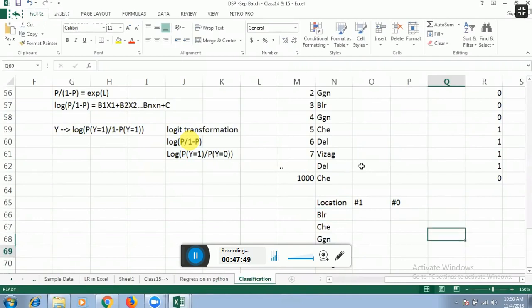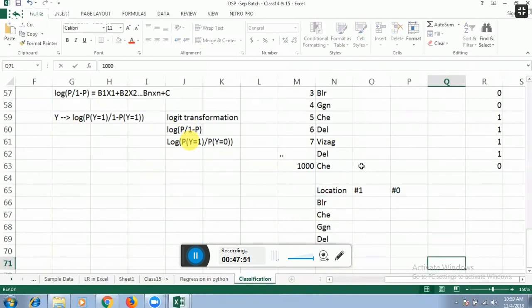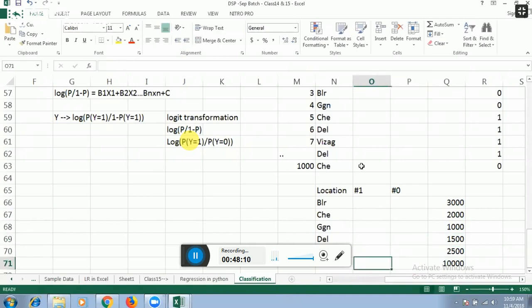Out of 10,000 customers, there are 3,000 customers that belong to this one, 2,000 customers that belong to this, 1,000 customers belong to this one, 1,500 customers that belong to this one, and 2,500 customers that belong to this one. In this, my number of bad customers, that means number of churn customers, is 2,000, right?